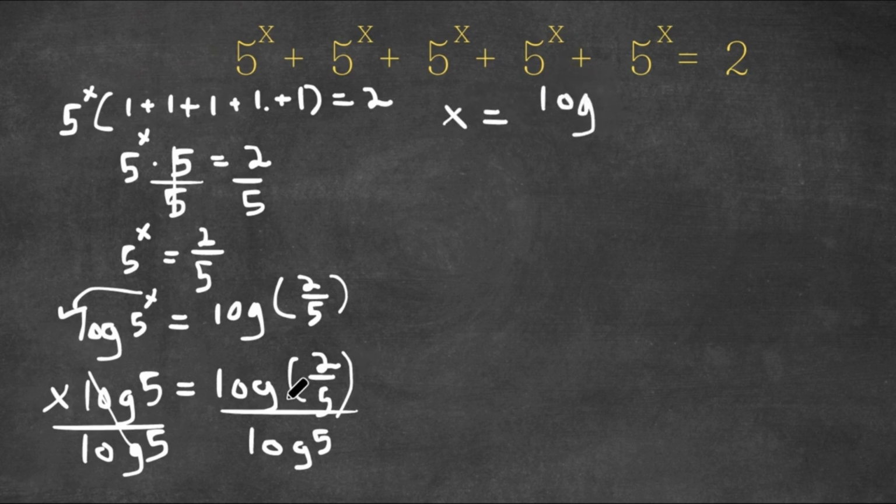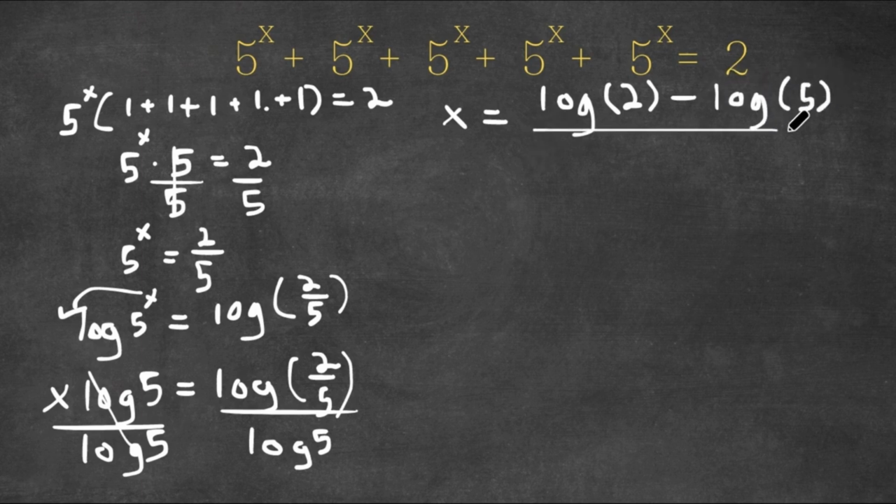And an important property of logarithms is we can rewrite a fraction as the numerator minus the denominator, so log 2 minus log 5. And now we are dividing this by log 5.